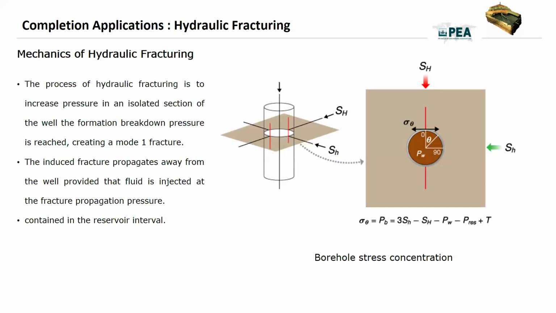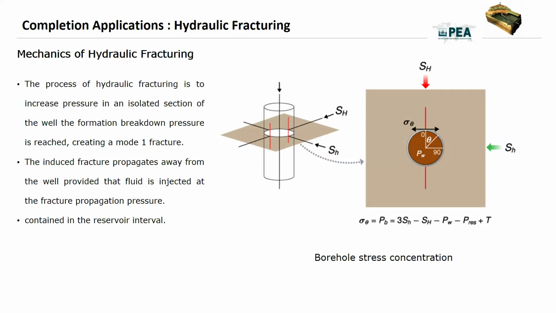In an ideal homogeneous isotropic rock, the induced fracture will propagate vertically, oriented with the maximum horizontal stress and perpendicular to the minimum horizontal stress.